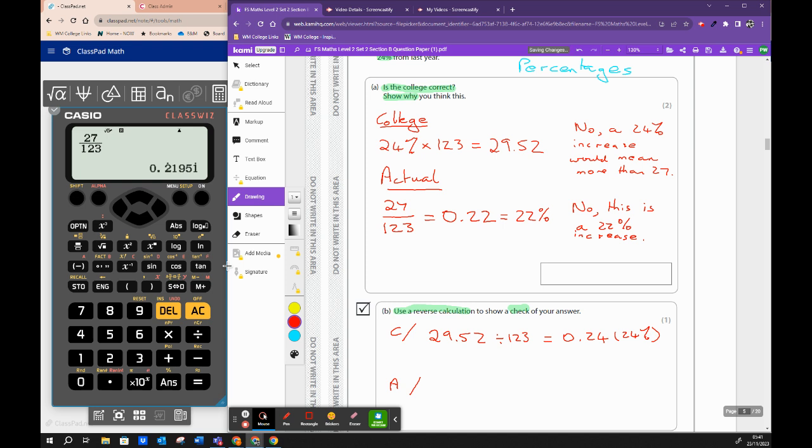So that's okay. In the actual calculation, I did a division, so my reverse calculation will be a multiplication. So 0.22 times 123 equals 27. Okay, so in both of those instances, my check has worked out absolutely fine. So happy that everything's gone okay there.